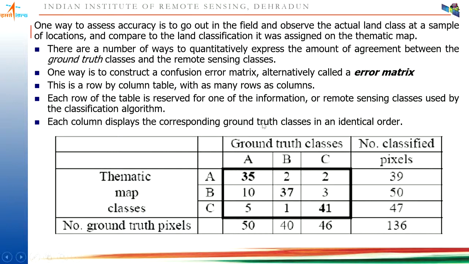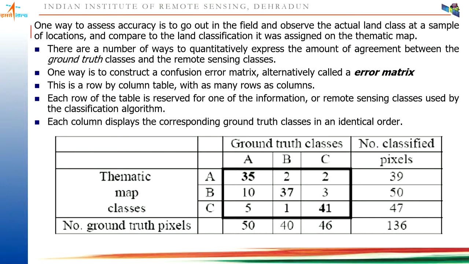So 35 we have to put here, which were class A and which are classified also as class A. So 35 is the correctly classified category. So I have put 35 here. I will again try to explain. So the number of points that we have taken is 136.